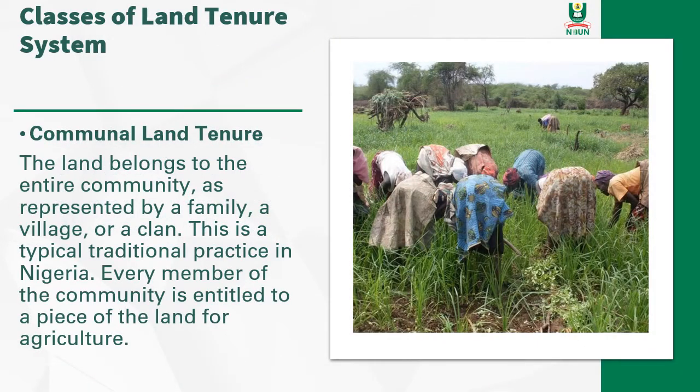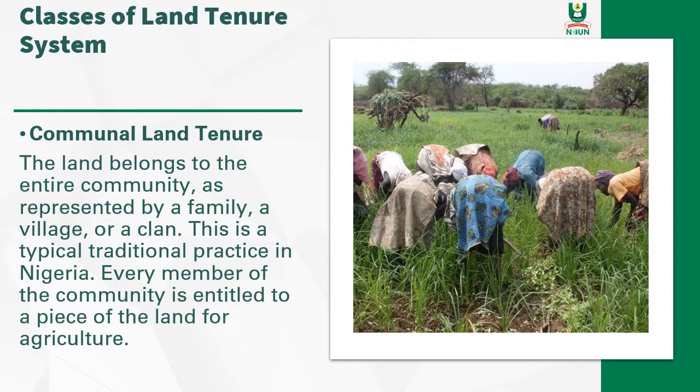The land belonging to the entire community. This form of land tenure is not something that you can personalize, because it belongs to the whole community and is represented by a family, a village, or a clan. And this is a typical practice here in Nigeria.